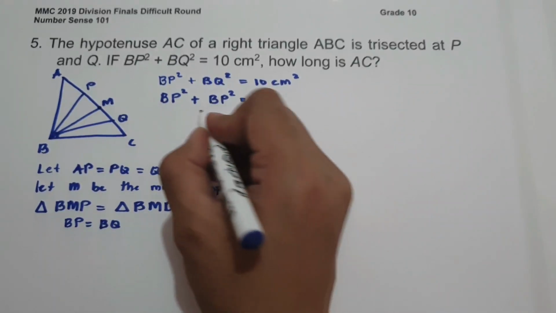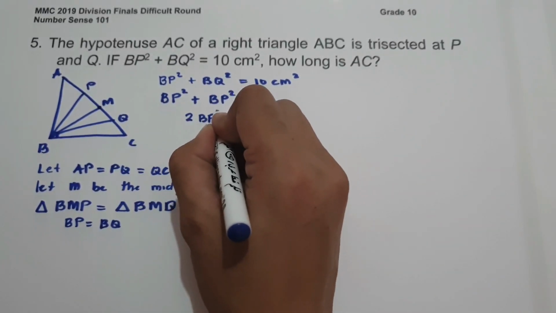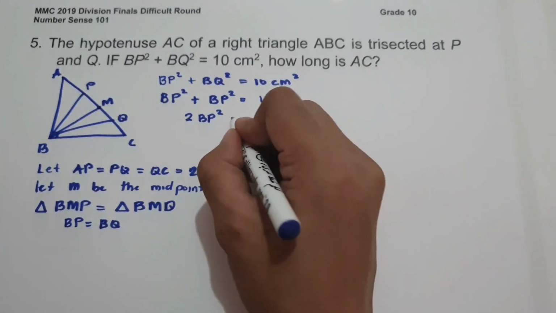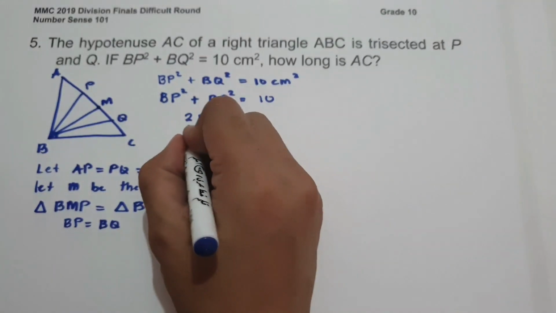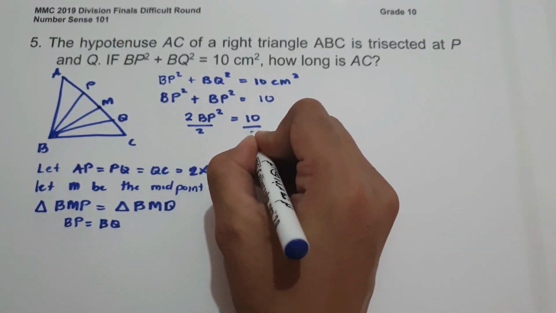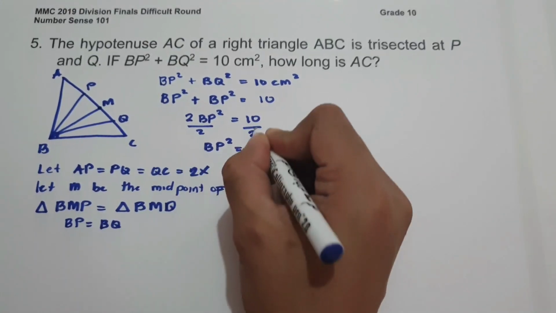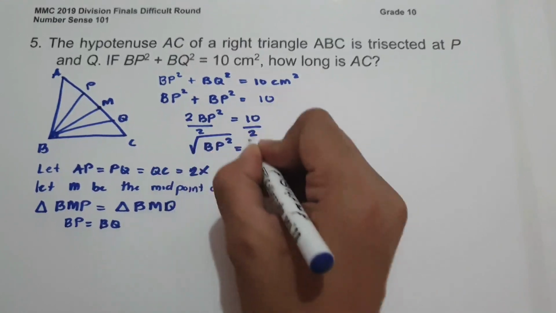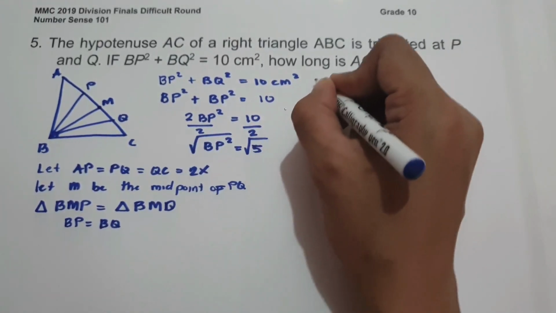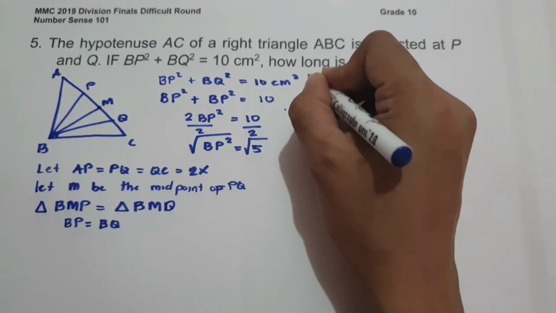So let us add this one. So this will be 2BP squared equals 10. And then let us divide both sides by 2. So BP squared, that is 10 divided by 2, that is 5. And then we are going to take the square root of both sides. So BP is the square root of 5.